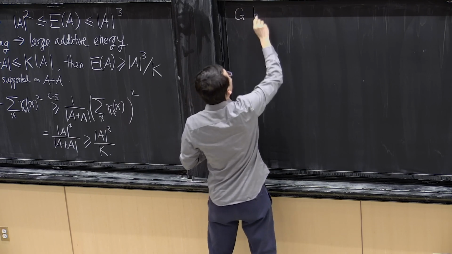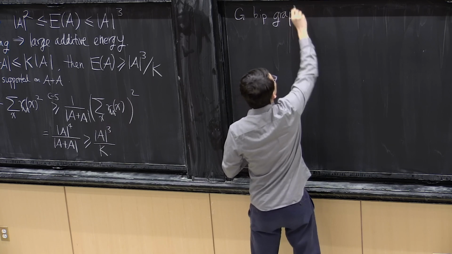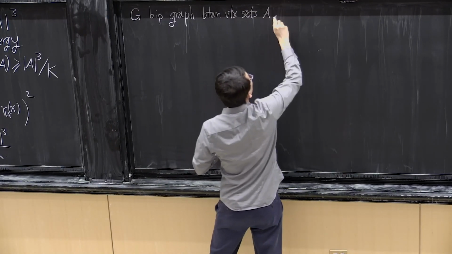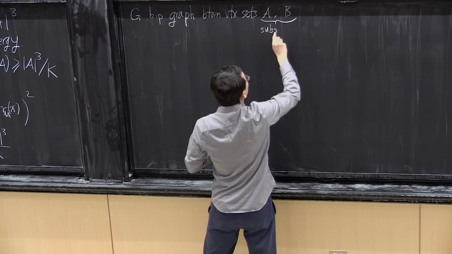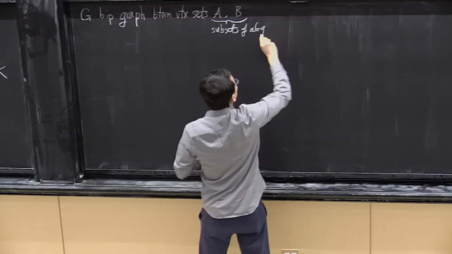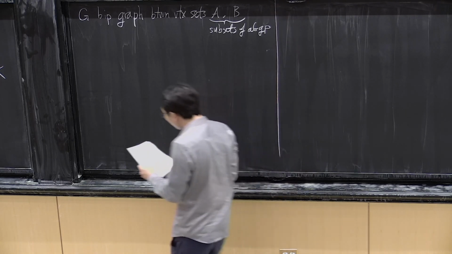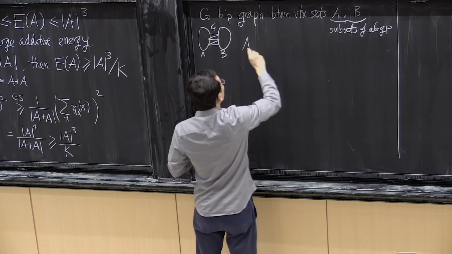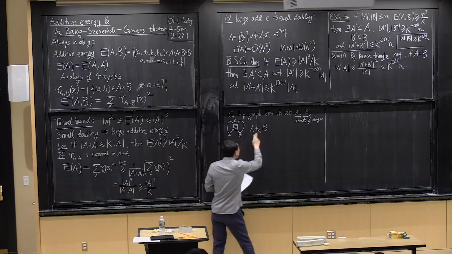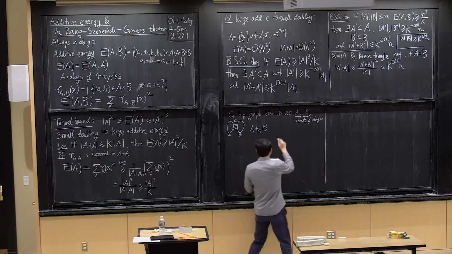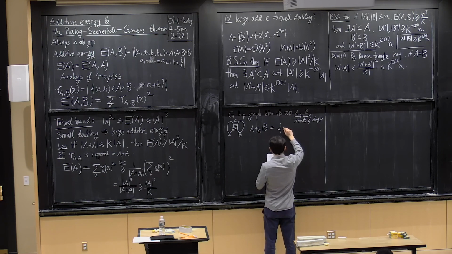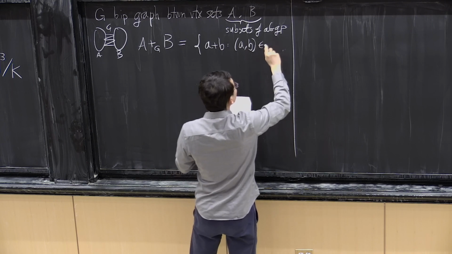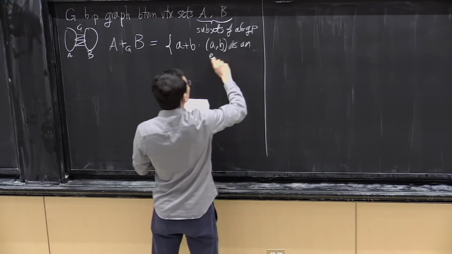If G is a bipartite graph between vertex sets A and B, and here A and B are still subsets of the abelian group, we define this restricted sumset, A plus sub G of B, to be the set of sums where I'm only taking sums across edges in G.